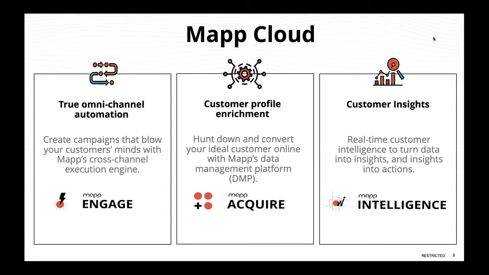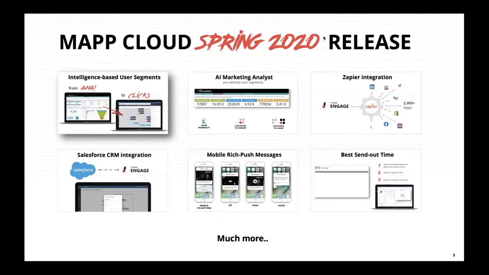Then we have Mapp Acquire, which allows you to enrich the customer profile data based on their web behavior and activate the data in paid media channels. And the latest addition to our portfolio is Mapp Intelligence. It provides the customer insight layer, which is now fully integrated into the Mapp Cloud stack.